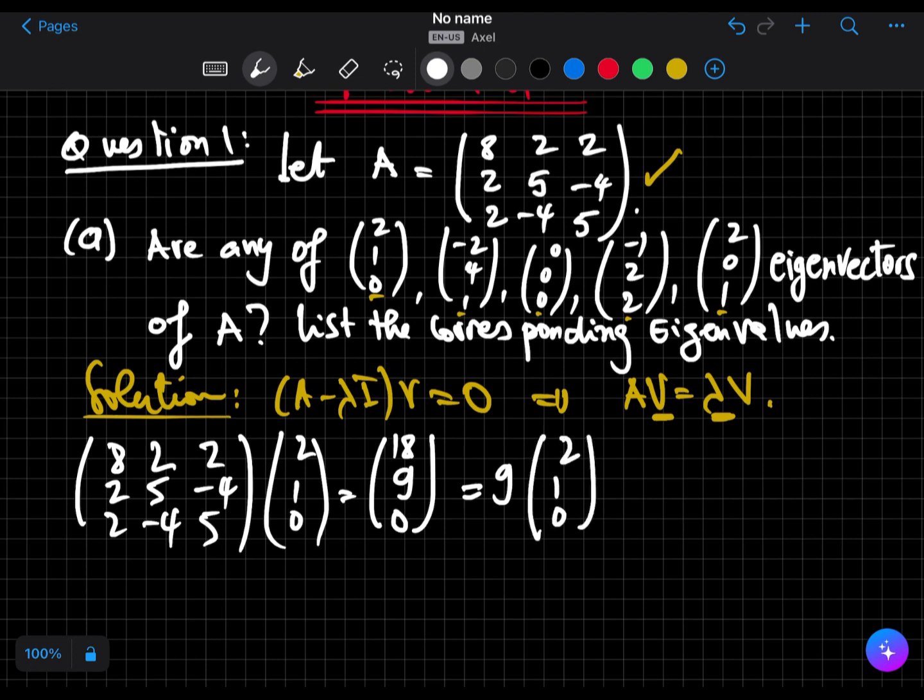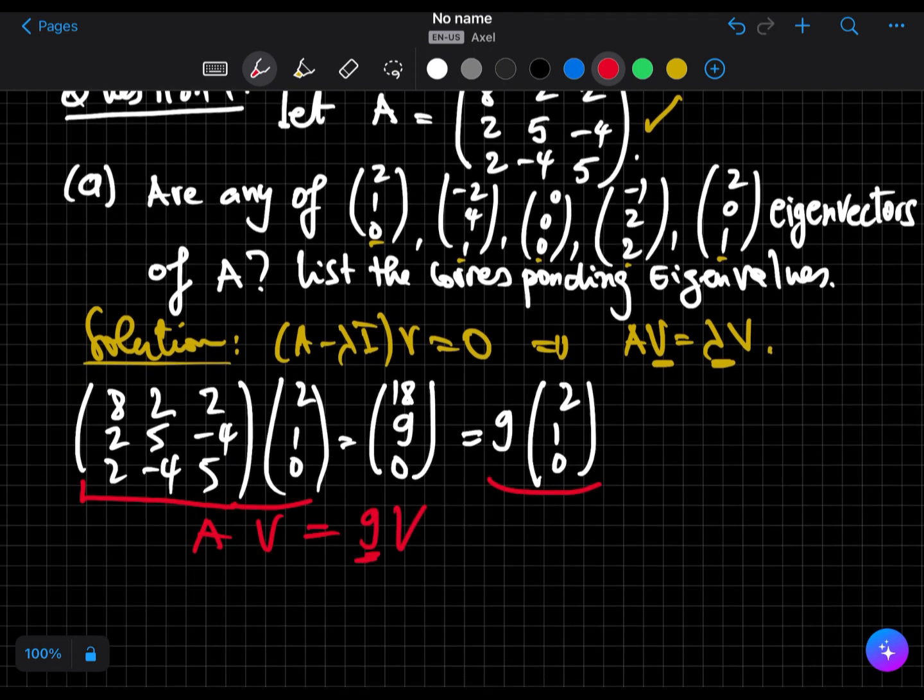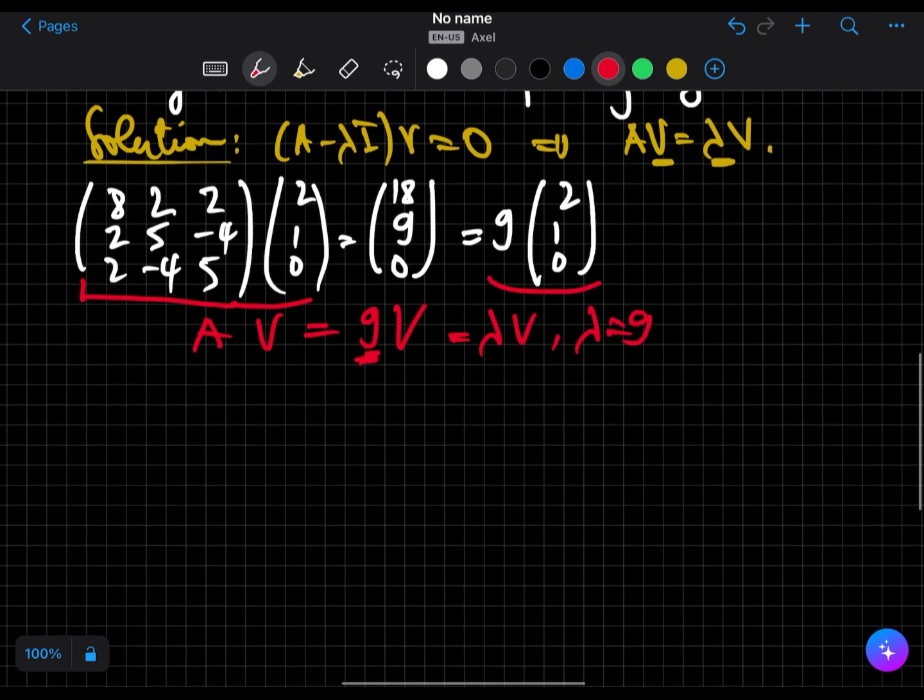So we can clearly see from this that AV equals 9V, where 9 is the eigenvalue. So this vector is therefore an eigenvector corresponding to the eigenvalue 9.